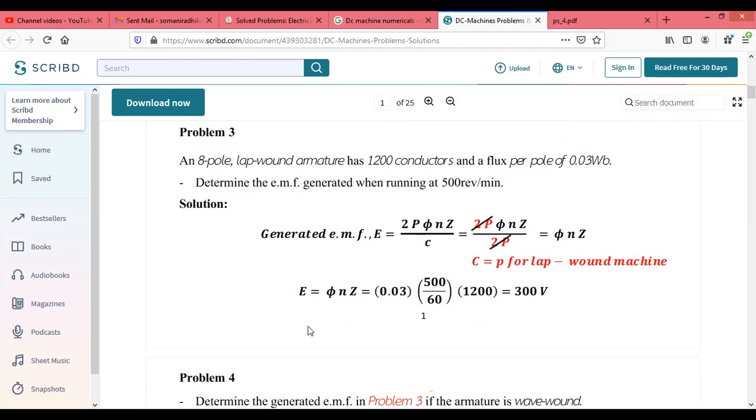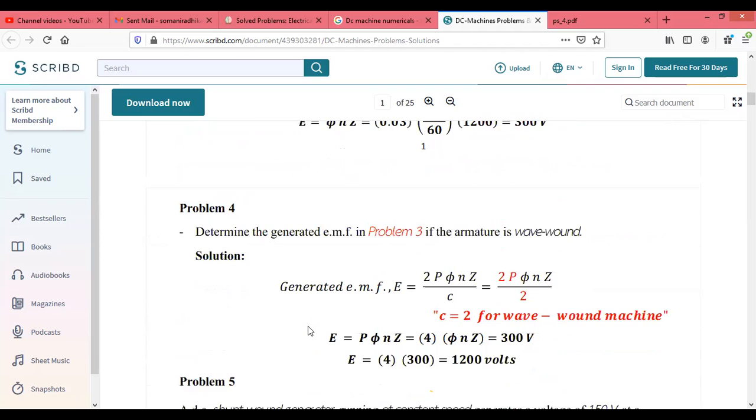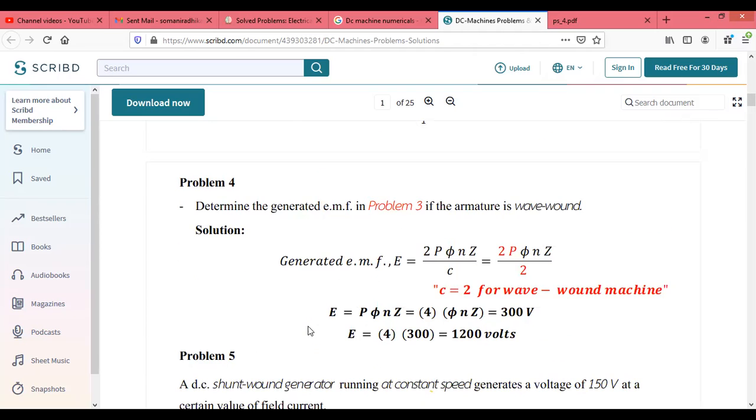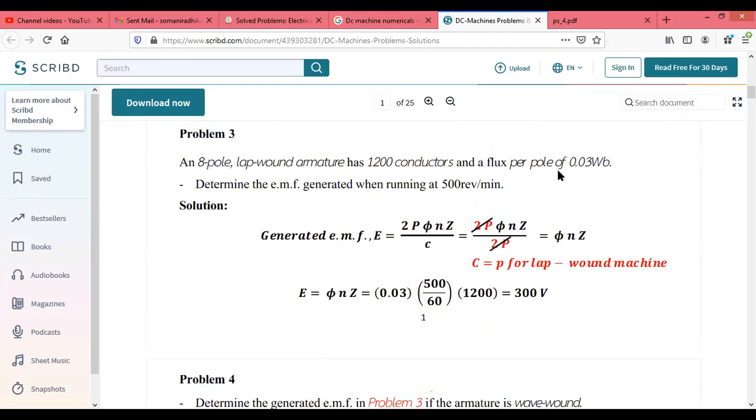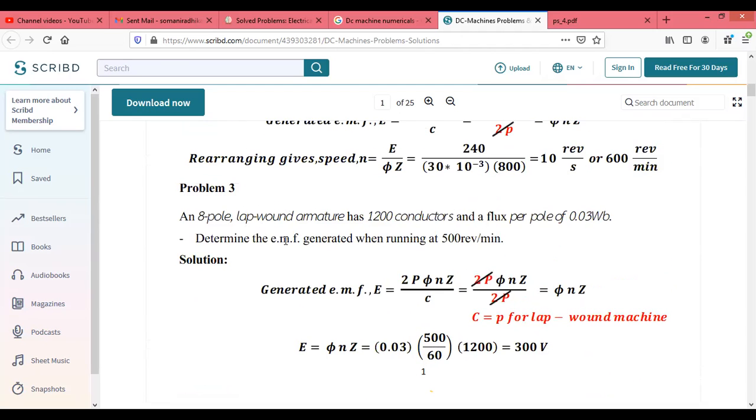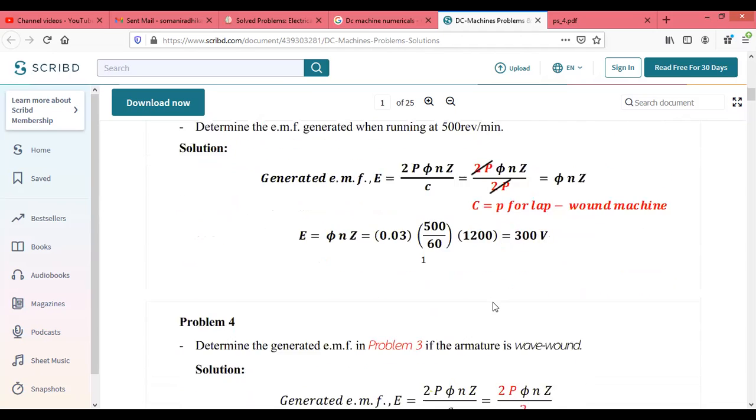Now, again, we are solving the same third equation, but in which we are taking armature as wave wound. At that time, if they have given armature is lap wound, you can take C equal to 2p.